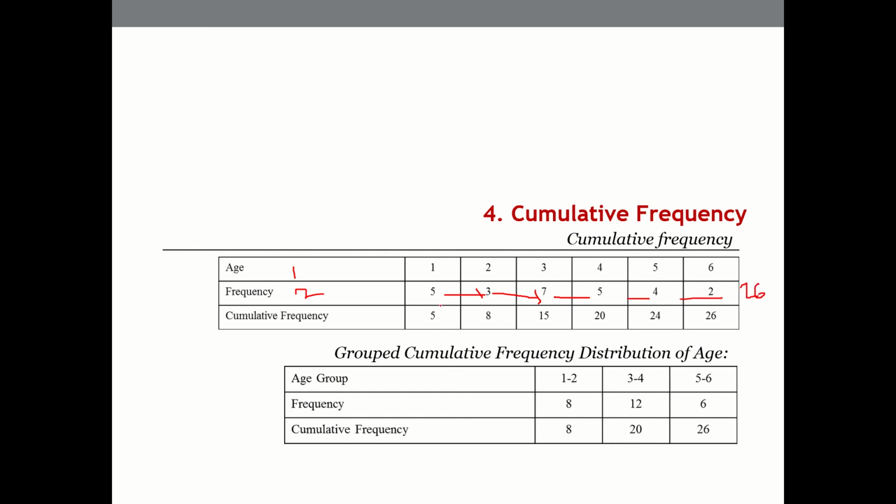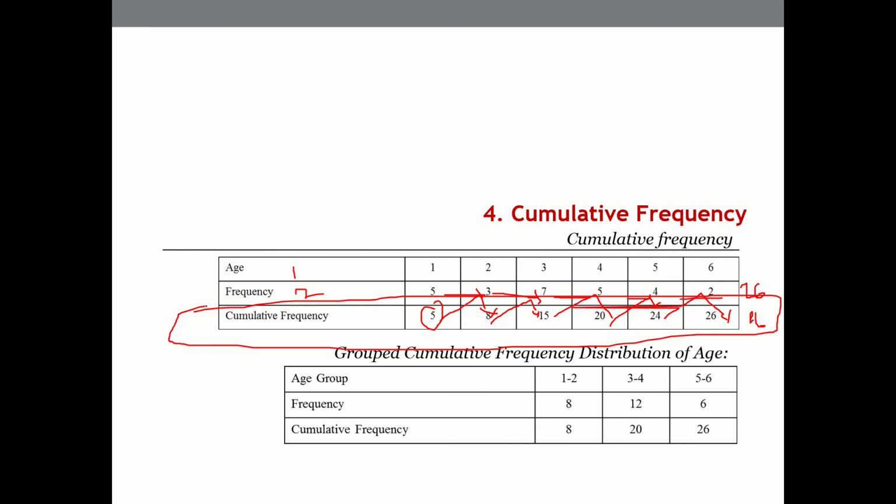This summation is done here actually. A frequency table is constructed like this, so a cumulative frequency table is constructed like this. Fine.